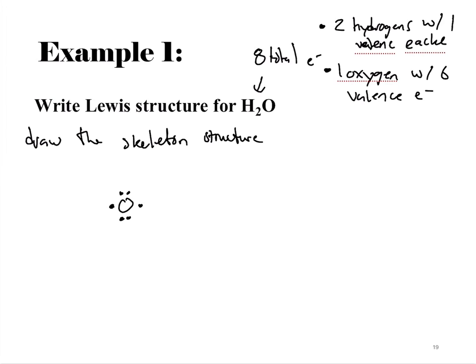Meaning that I put the 2 paired electrons on top and bottom and 1 lone electron on each side. And then hydrogen has 1 valence electron. And so now, after I've drawn my skeleton structure, I'm going to connect the terminal or the outer atoms to the central atom by putting 1 electron each from each atom into a bond.